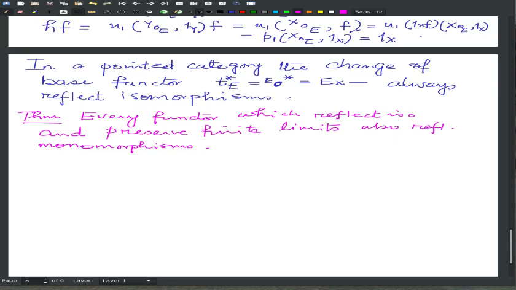Monomorphisms can be represented in terms of certain conditions: its kernel pair is trivial, which means that the kernel pair is isomorphic to some X and so on. So reflecting isomorphisms and preservation of finite limits are all going to be used to show this result. So the proof is an exercise.